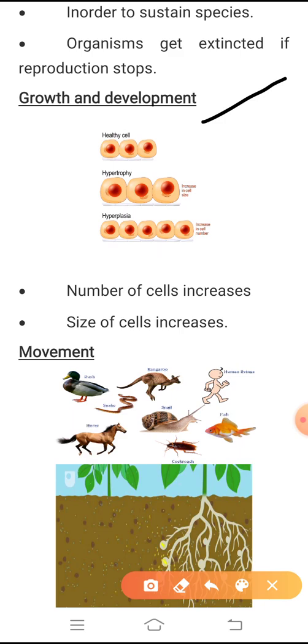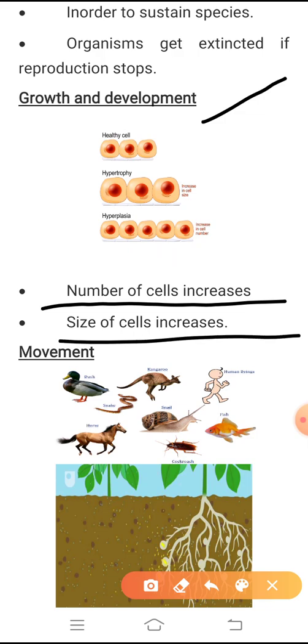So let us discuss this. Growth and development means, actually, inside our body there are cells, right? When growth and development takes place, the number of cells increases in our body, and the size of cells also increases. As a result of this, the number of cells or the size of cells increases, and we can see the growth and development in our body.